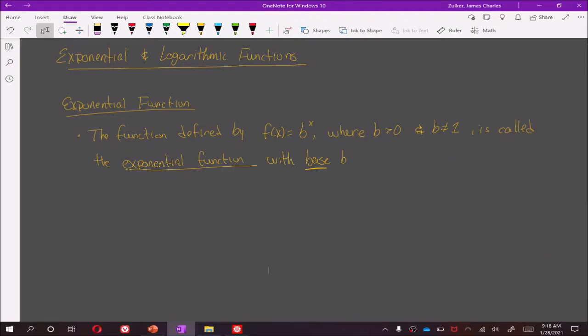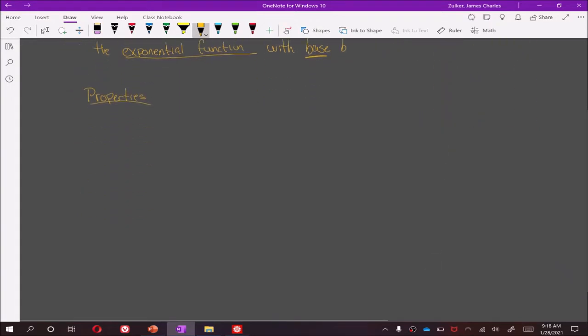We will now look at some properties of the exponential function. First, the domain is all real numbers. Second, the range is all positive real numbers.